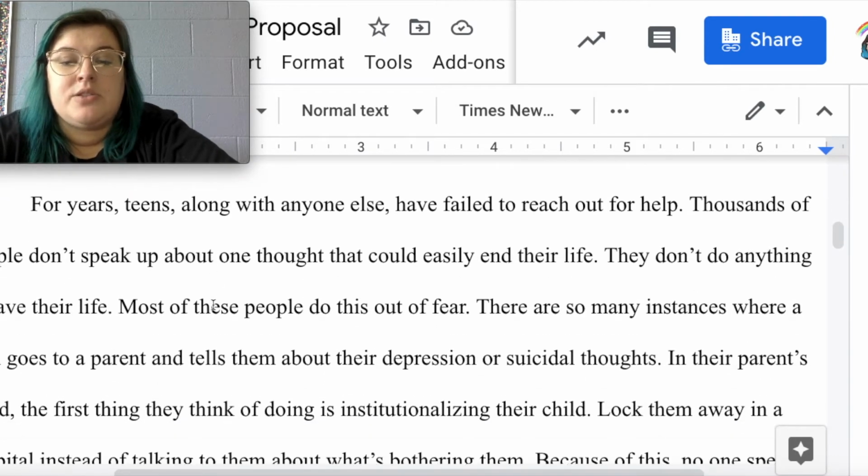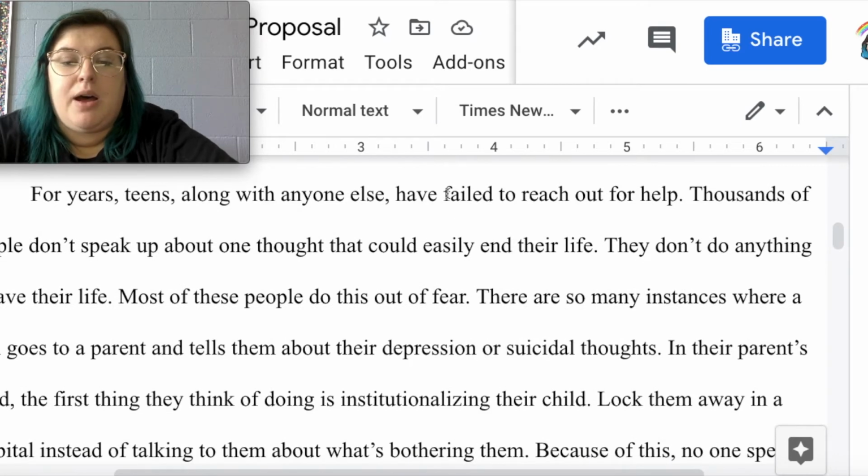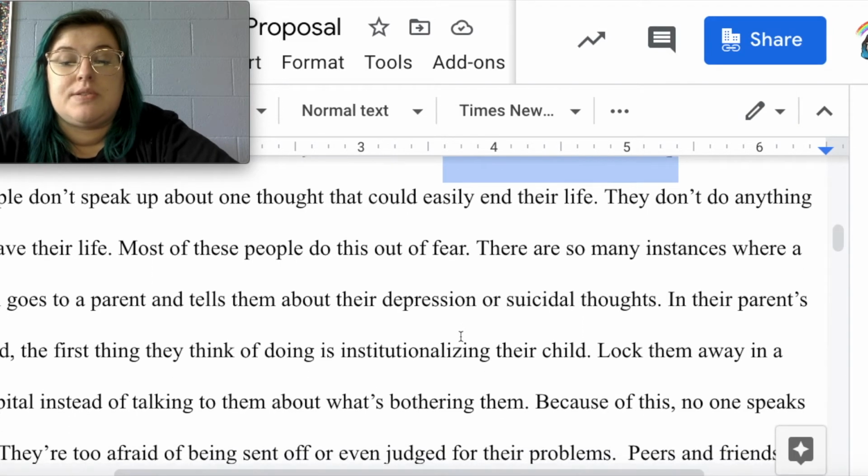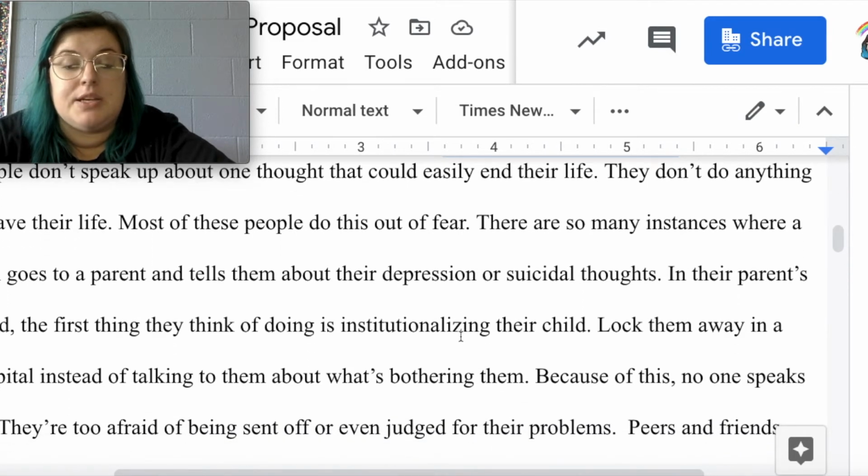Now, in her next body paragraph, she talks about how people fail to reach out for help, and that's because of the way that other people stigmatize and treat mental health disorders. So she uses some of her personal experience with this in this paragraph, which personal experience is really good if you're trying to make an emotional argument.